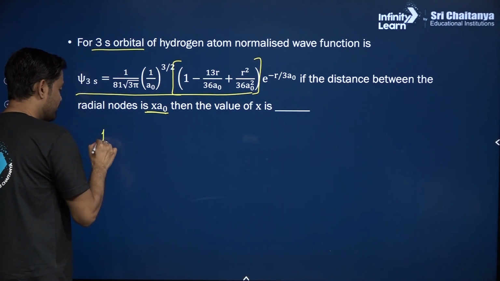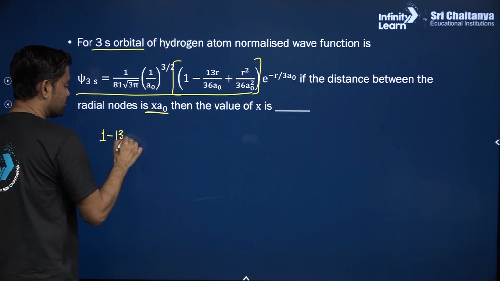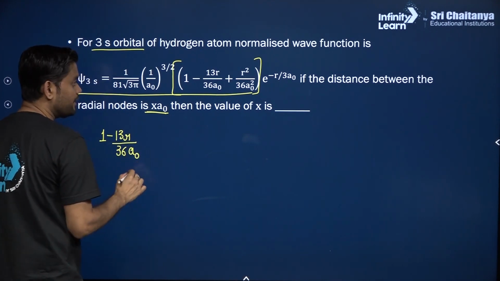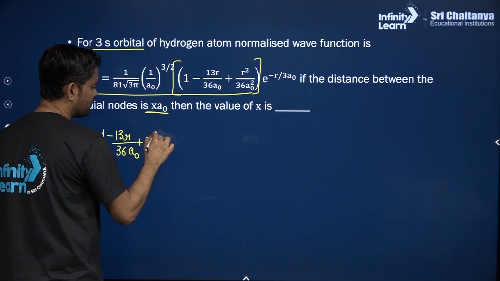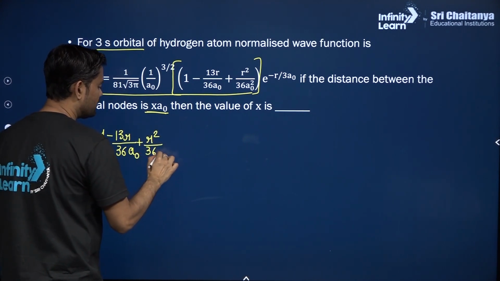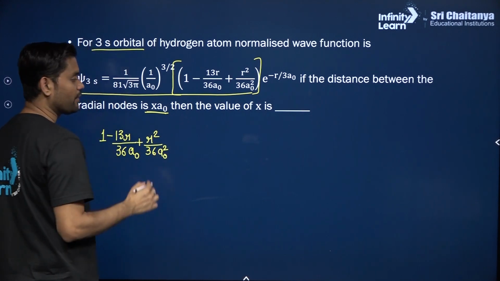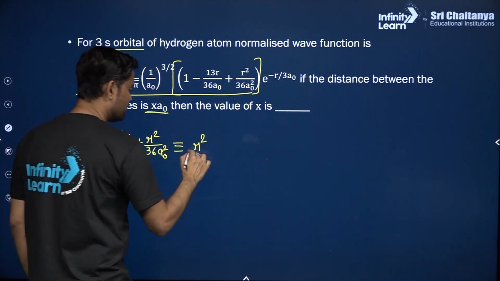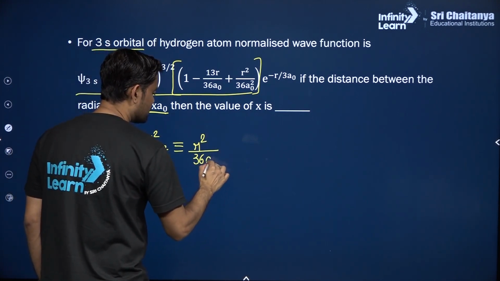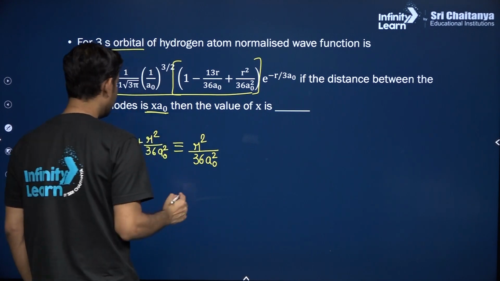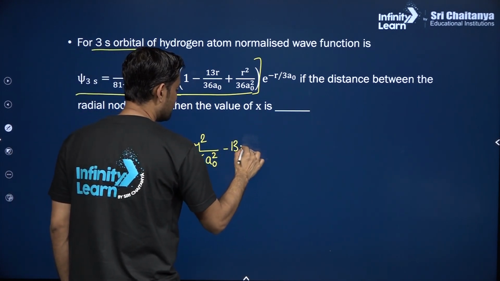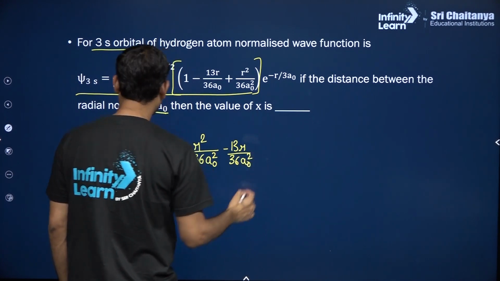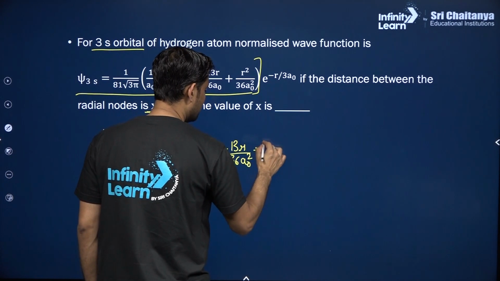So see, 1 minus 13r by 36 a naught plus r square by 36 a naught square. I am rewriting this as r square by 36 a naught square minus 13r by 36 a naught plus 1.